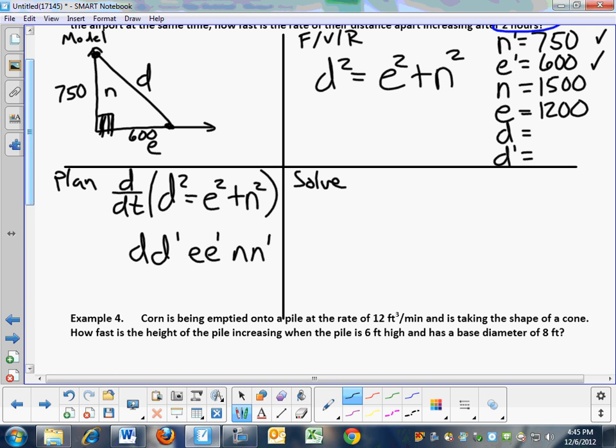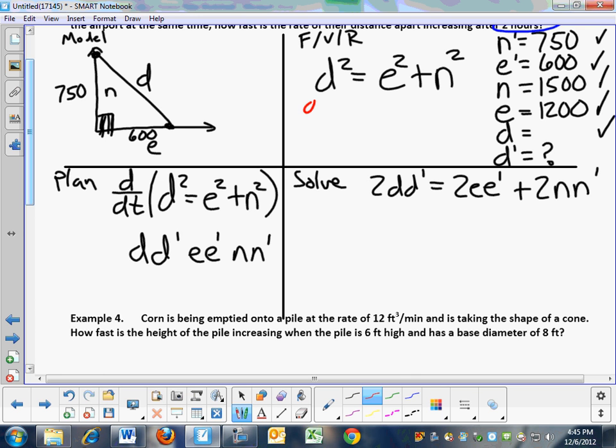I have n prime, I have e prime, I have n, I have e. I'm solving for d prime, so that's okay that I don't have that, but I'm going to need d. Just to show you, the derivative of d squared is 2d d prime. The derivative of e squared is 2e e prime. The derivative of n squared is 2n n prime. So we are going to have to find d.